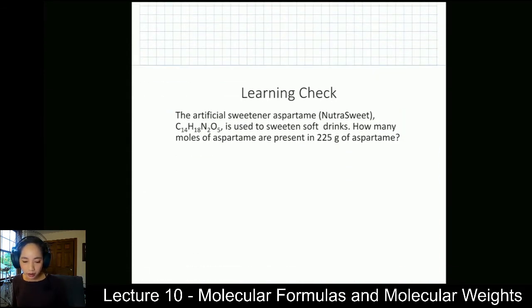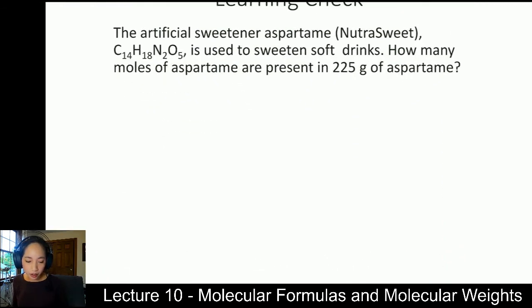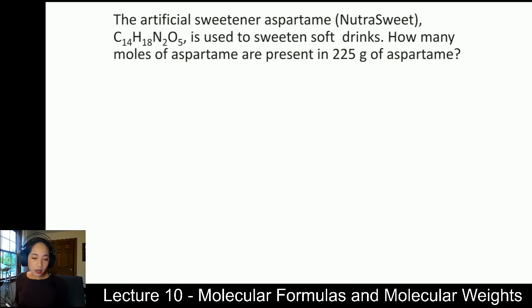Everybody loves practice problems. Here's another one. The artificial sweetener aspartame has this chemical formula and is used to sweeten soft drinks and other things. How many moles of aspartame are present in this many grams of sample? It's giving us grams and we want to get to moles.